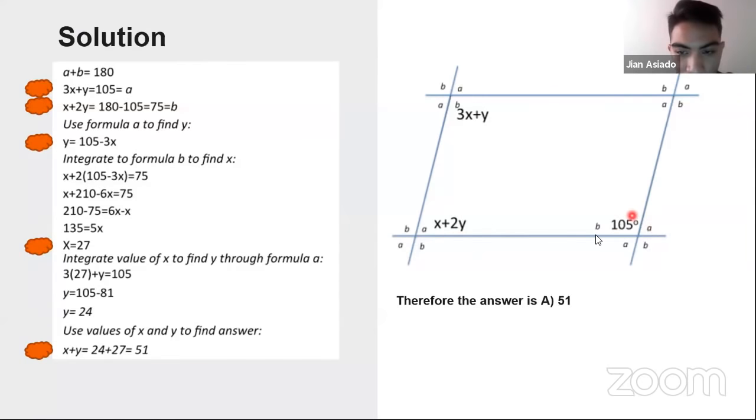Is equal to this one, this x plus 2y plus 105 equals to 180. No? So, para ma-solve naman natin si x plus 2y, i-minus natin si 180 minus 105. No? And then we get formula B. No? So, this one, B, ito si A. No? Tandaan natin tong dalawang letters.